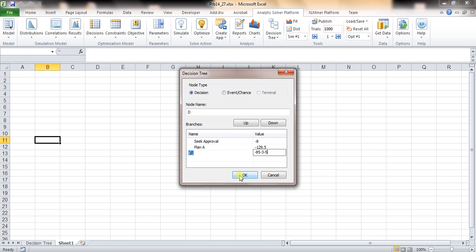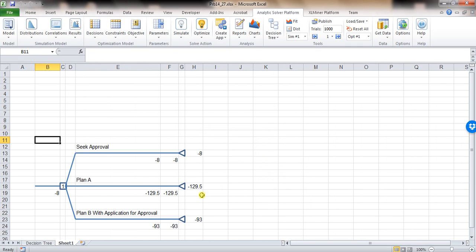We can choose to keep this 5,000 cost for approval during the next phase, but if you want you can keep it here. This would be something like this. So with application for approval 93, and with just plan A this much, and seeking approval cost is 8.